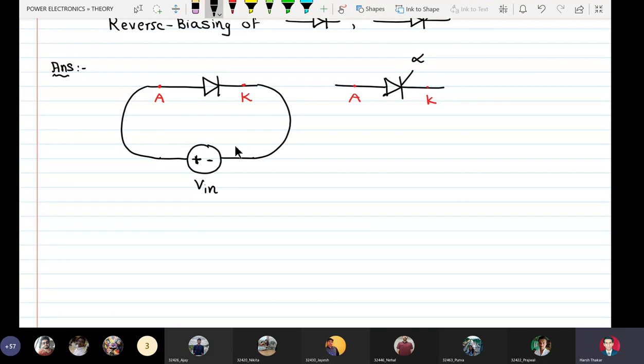Yes or no? Yes, sir. And if you want to reverse bias, what will I do? Change the polarity, right? So according to you, the upper connection is reverse biased and the lower connection is forward biased. Does this definition apply to SCR also?